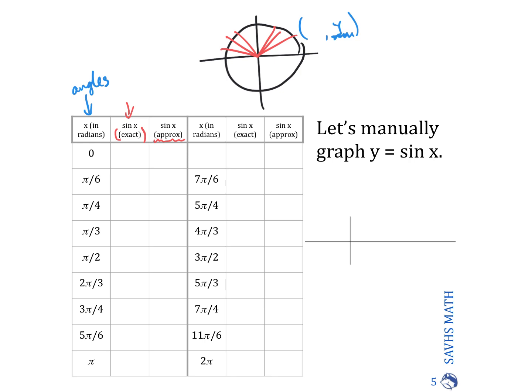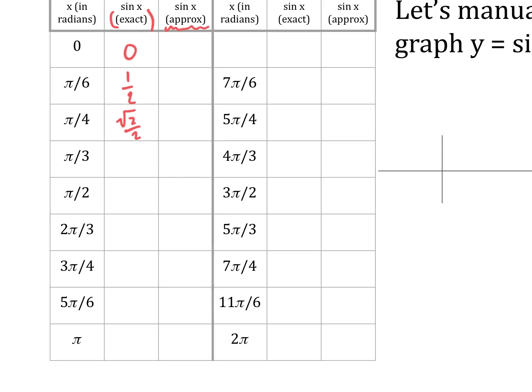So what is the sine of 0? Well, it's 0. What's the sine of pi over 6? Well, it's 1/2. This one is root 2 over 2. I'm going to zoom in a little bit more so it's easier. This one is root 3 over 2, and then this one is 1. I'm going around the circle and finding those y values. The sine of 2 pi over 3 is square root 3 over 2. 3 pi over 4 is square root 2 over 2, 1/2, and then 0. 7 pi over 6 is negative 1/2.